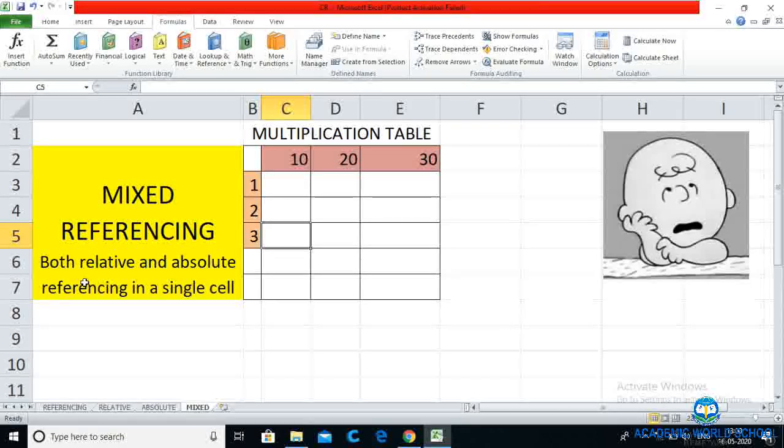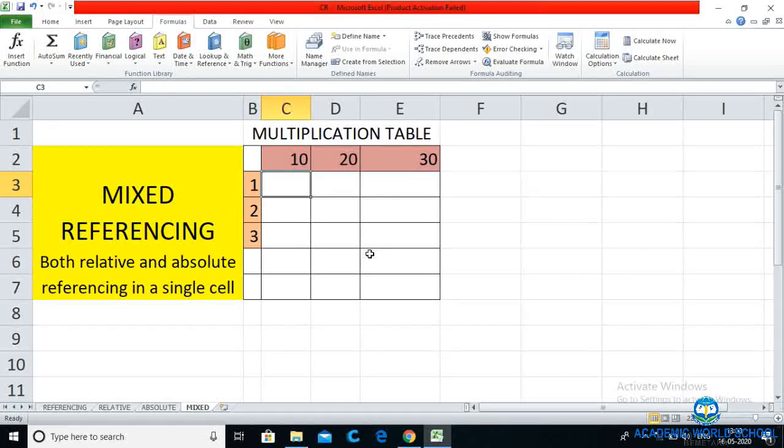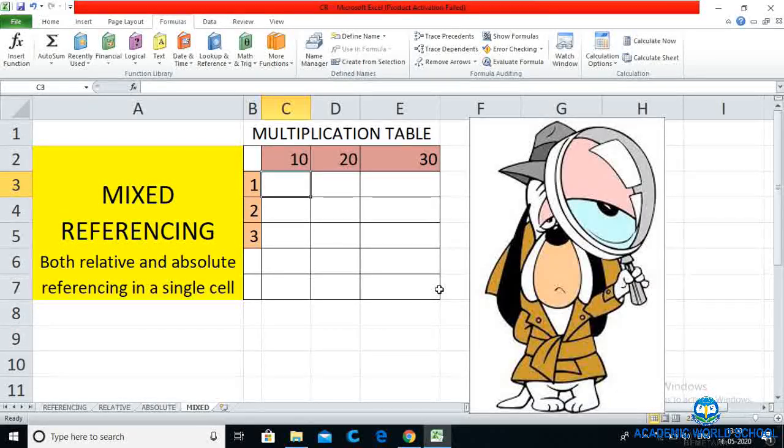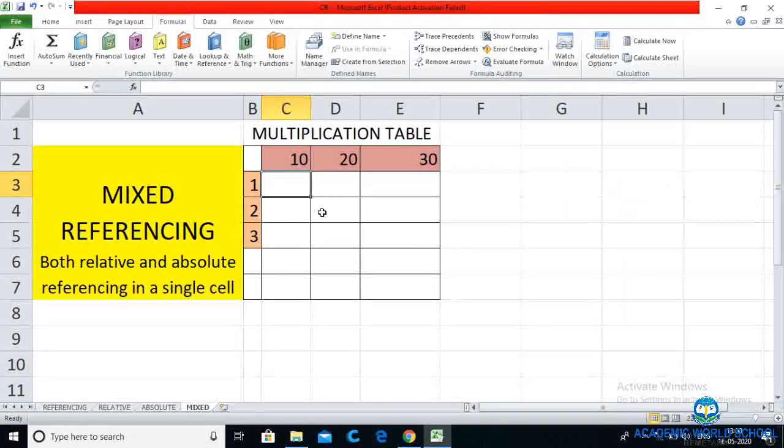How come both relative and absolute will work in a single cell? By the way, before starting mixed referencing, I want to say to you students, this mixed referencing is a bit tricky. So pay your full attention now. Now over here, I will be making a multiplication table. And now everybody knows what a multiplication table is.